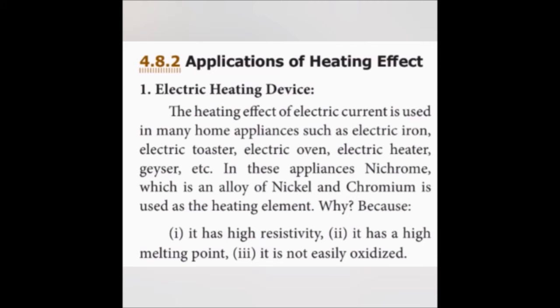Nichrome alloy has high resistivity. It strongly opposes the flow of charges through it. And also it has a high melting point, so it bears high heat without melting. And it is not easily oxidized too. Because of these reasons, in most of the electric appliances, nichrome is used as heating element.